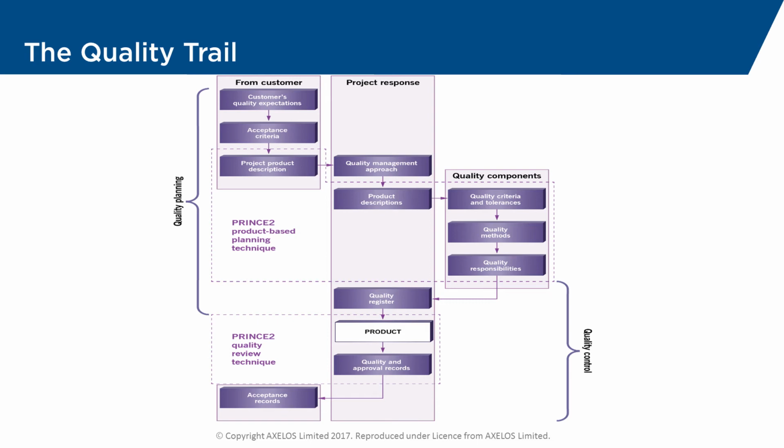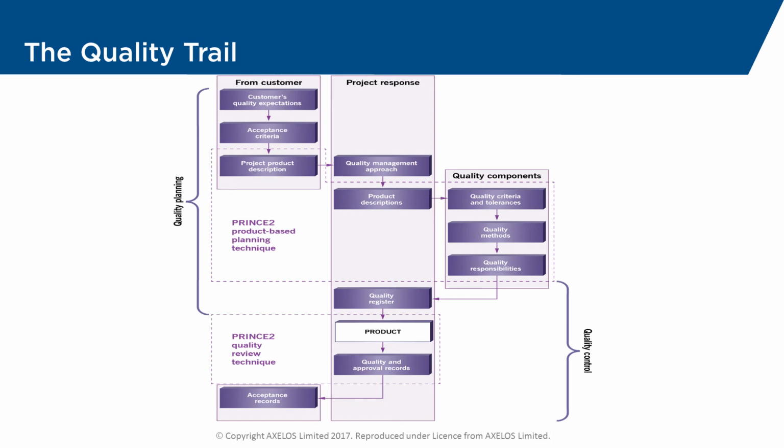This is how are we going to test. And we'll need quality responsibilities. So who is going to do the testing? So that, in conjunction with the quality register, is what we need to produce when we're thinking about quality planning. Remember that the quality register is where we're going to capture the details of the testing.